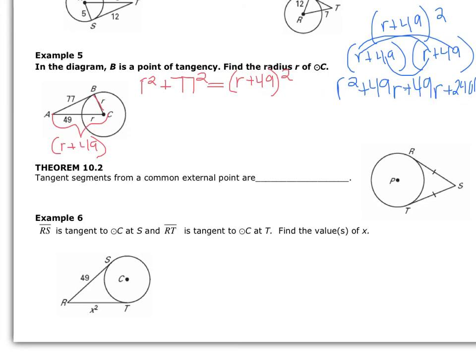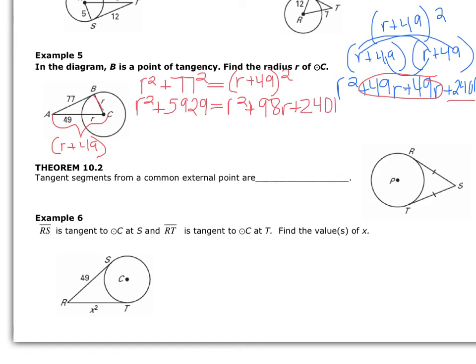So we're just going to simplify it. All right, so here we have r squared plus 77 times 77, which is 5929, equals r squared. I'm going to combine my like terms. So 49 plus 49 gives you 98r plus 2401.